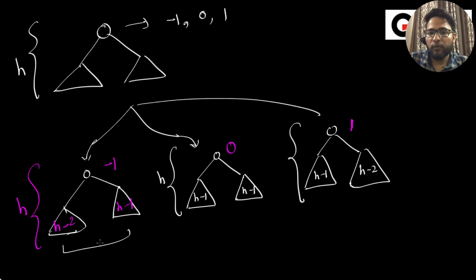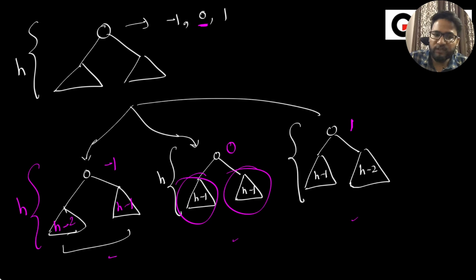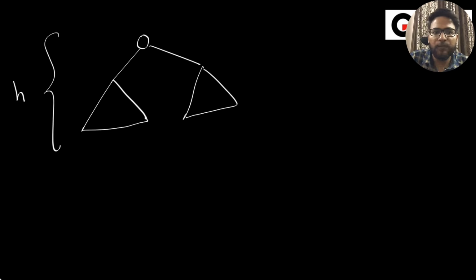So you tell me which possibility is best suited. You want the maximum number of nodes to fill in, so you want to take the maximum height everywhere that is possible, which means you will go for the second case of balance factor 0. If you want an AVL tree of height h with the maximum number of nodes, then the left subtree will have height h minus 1, and the right subtree will also have height h minus 1, because we want to fill the maximum number of nodes.